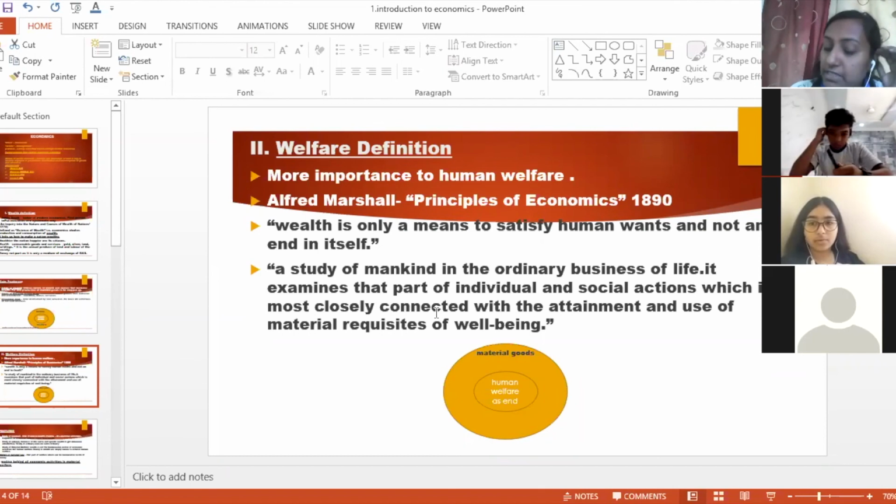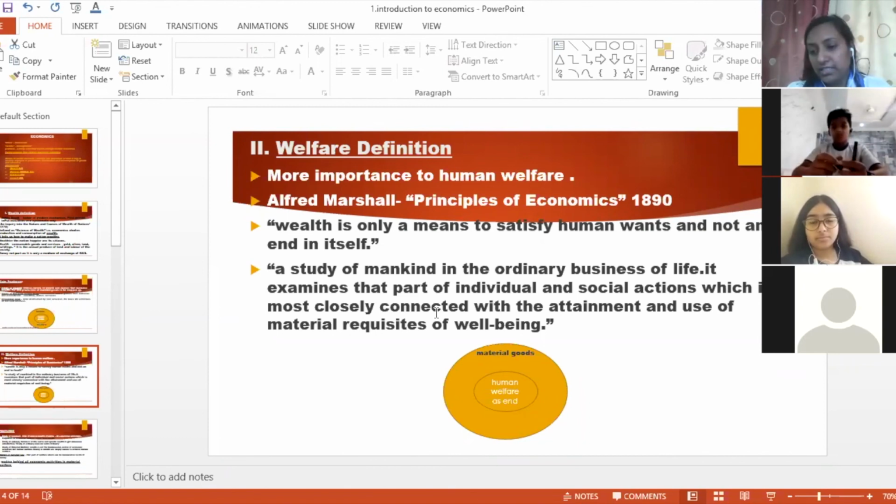It examines that part of individual and social actions which is most closely connected with the attainment and use of material requisites of well-being. Now, definitions, I cannot help you. You have to learn it word to word. If the definition as given by Alfred Marshall is asked, you will give this definition first.